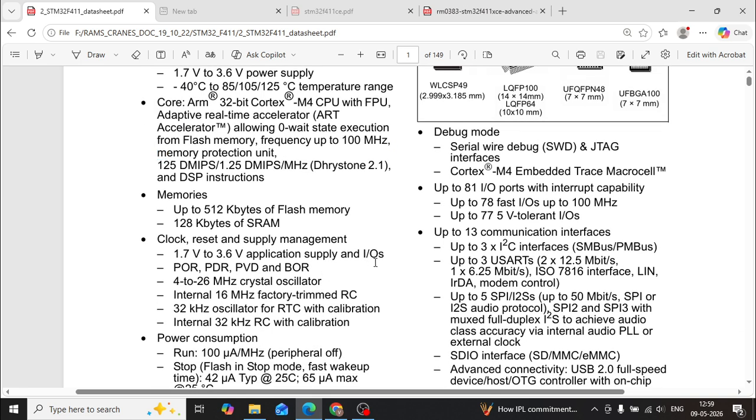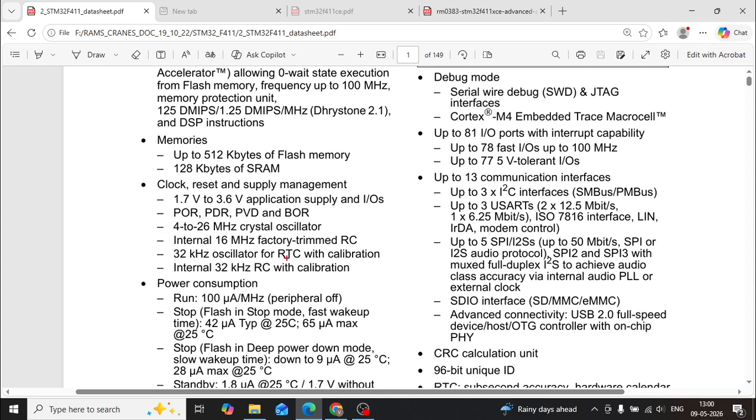The second point is memory. It has 512 kilobytes of flash memory and 128 kilobytes of SRAM. Then, the operating voltage is around 1.7 to 3.6 volts.